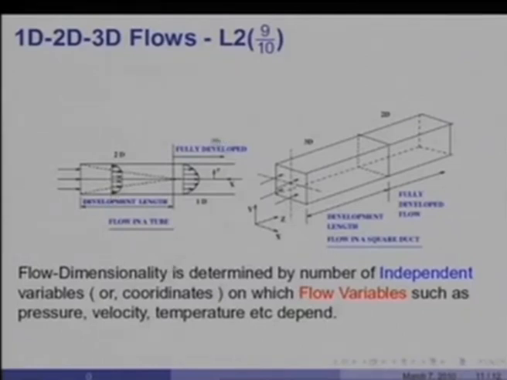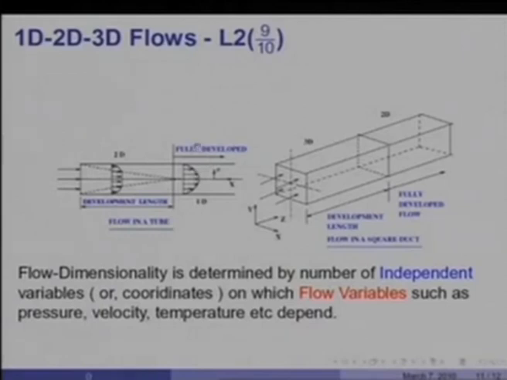So, if I consider, for example, flow in the entrance length of a tube, then you will see boundary layer development will take place, but after a certain length, the boundary layers will merge, and the velocity profile, which was in this case a function of both x and radius r, is no longer a function of x at all, because the flow has become fully developed and the velocity is a function of radius r only.